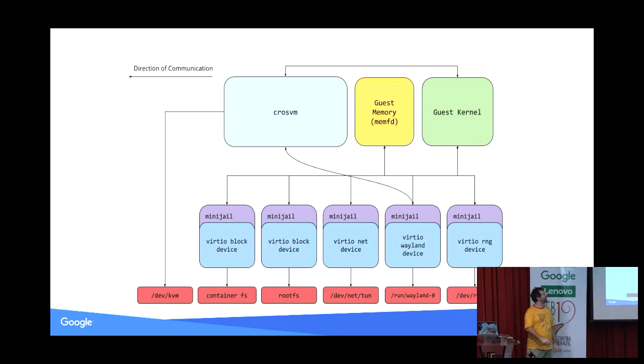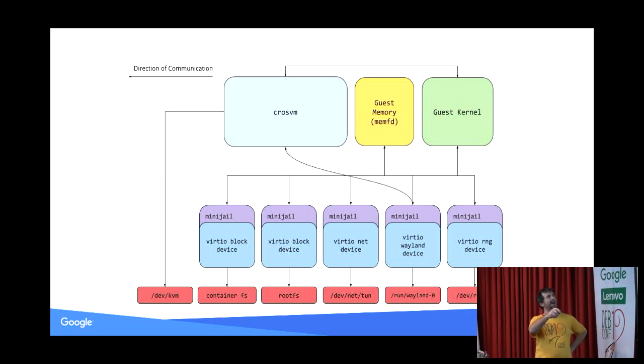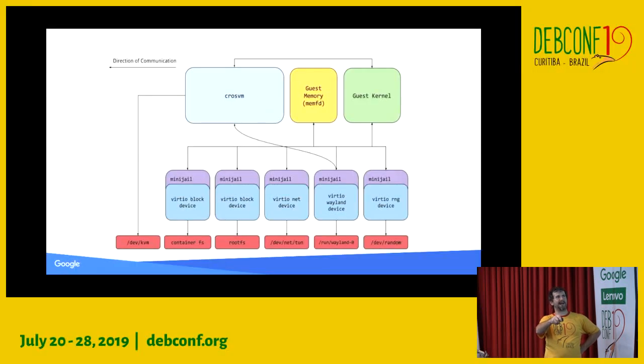So let's see a bit more how this works, right? We have this CrossVM process, and the CrossVM process forks a single process for each device it has to access, and all these processes are jailed singly to a container that can only access that single device.